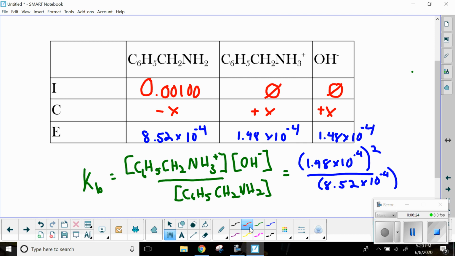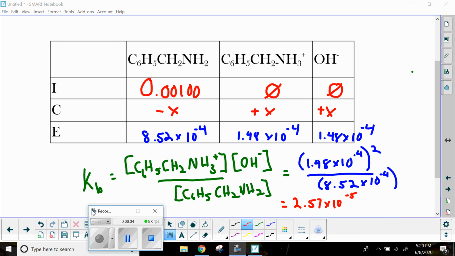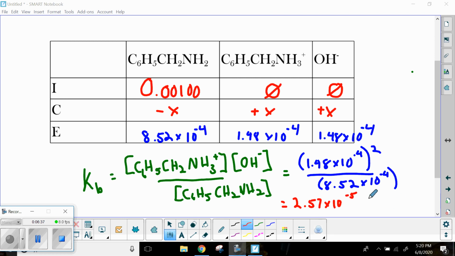Solving that all out, I get something in the realm of 2.57 times 10 to the negative fifth. And if you followed me on the last example, the units are going to remain the same, moles per liter.